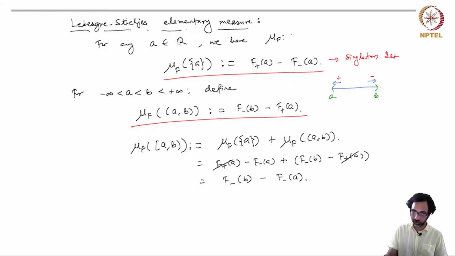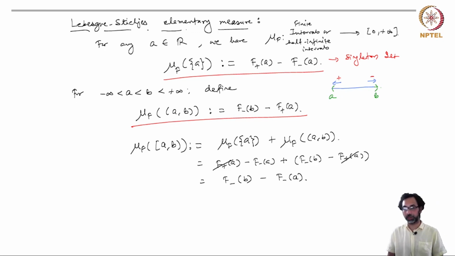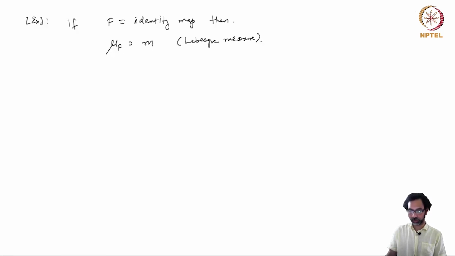So mu f on finite intervals or half infinite intervals gives you a value between 0 and plus infinity. First one has to check that it is a finitely additive measure, then one has to check that it is a pre-measure, and then for the particular case of the identity one should check that you get nothing else but the Lebesgue measure.